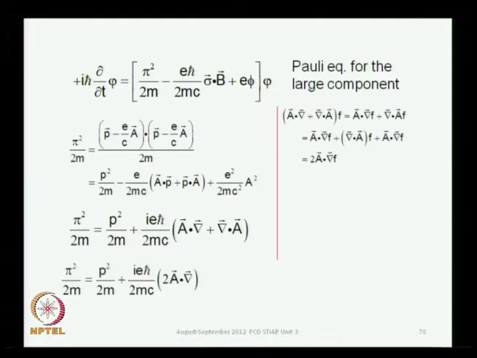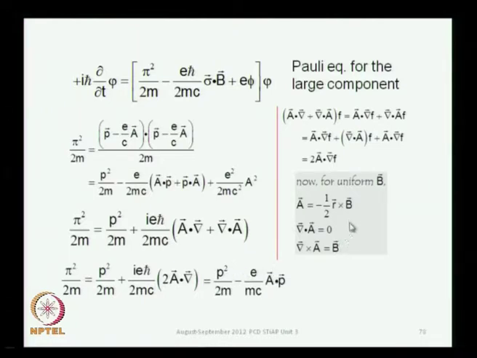So, this operator is now replaced by twice A dot del, which is what comes here. So, now you have got this operator, and you can put these two terms for this, which is written in terms of the momentum operator.